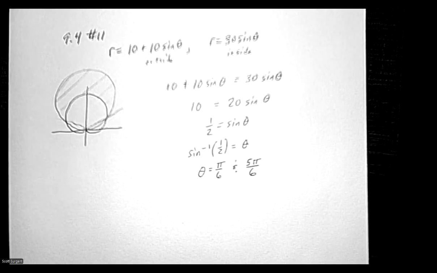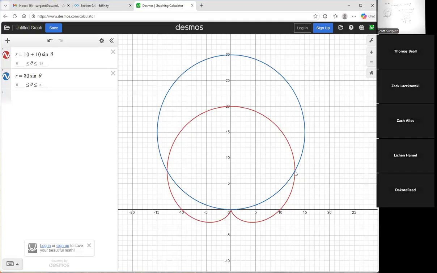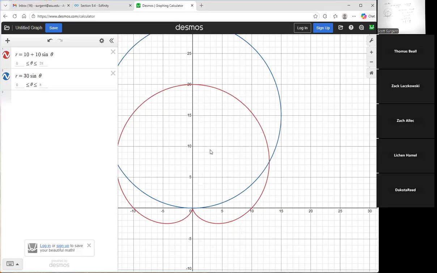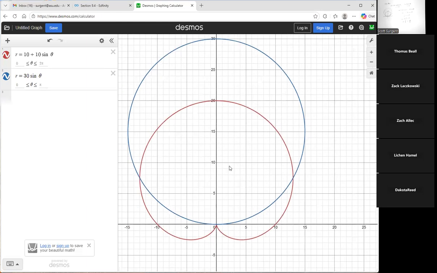Okay. Let me go back to the Desmos screen again. I thought maybe you could click on the curve and it'll tell you the point, but I'm not being able to do it.